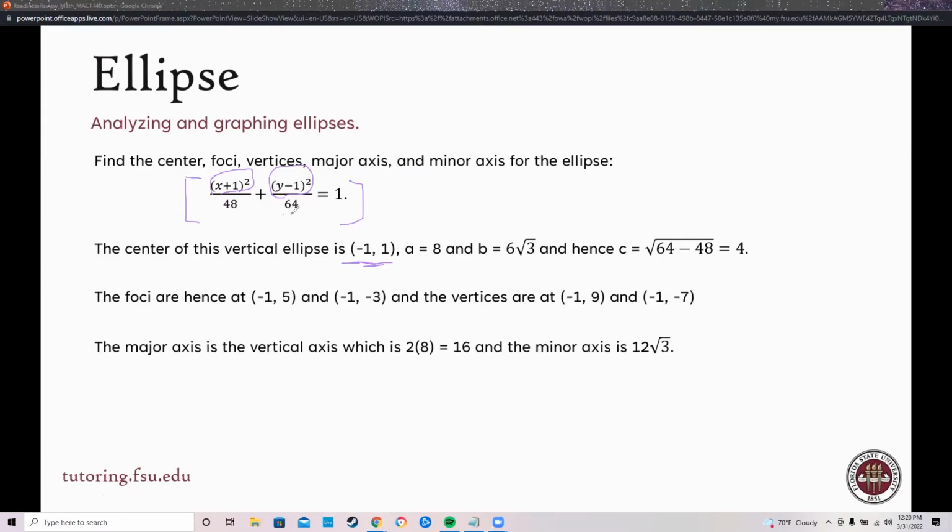Knowing that this is either going to be a or b, we could take the square root. And I believe since this is larger, we have a vertical ellipse. The square root of 64 is 8, so I have a is equal to 8. And then the square root of 48 is 4 root 3.